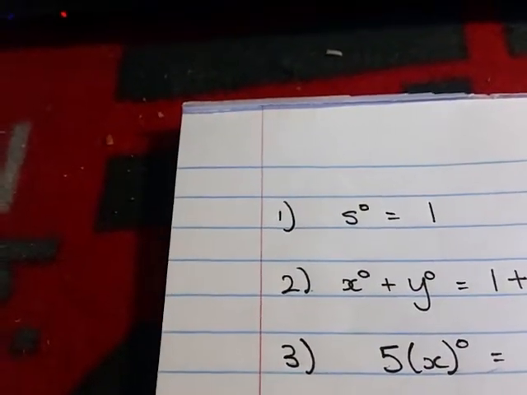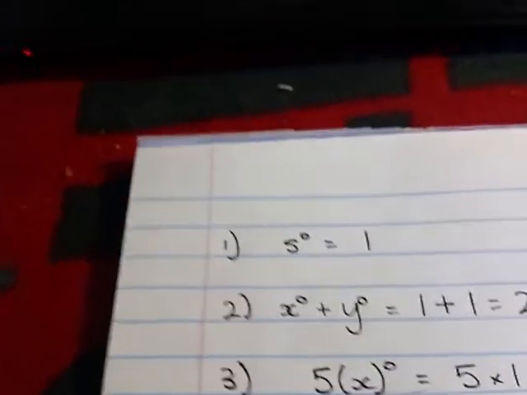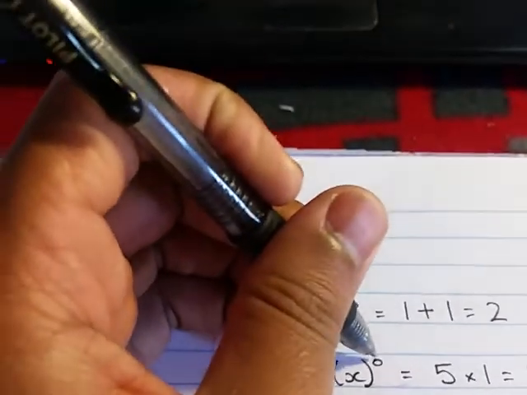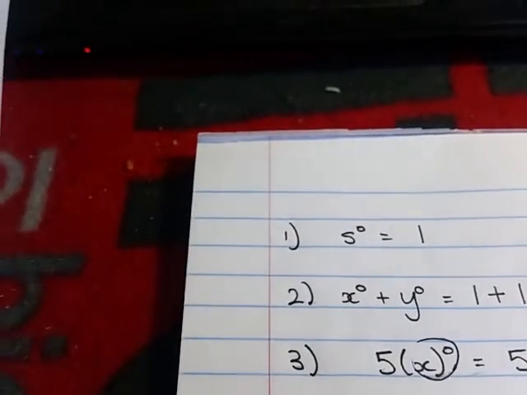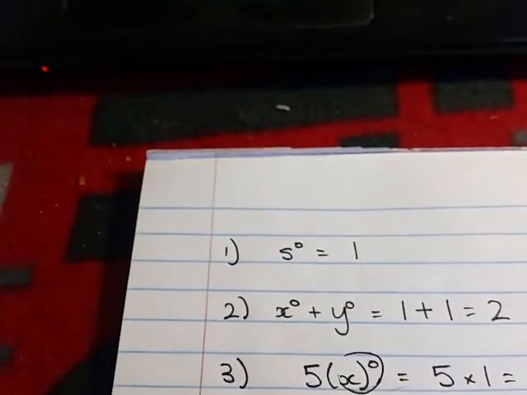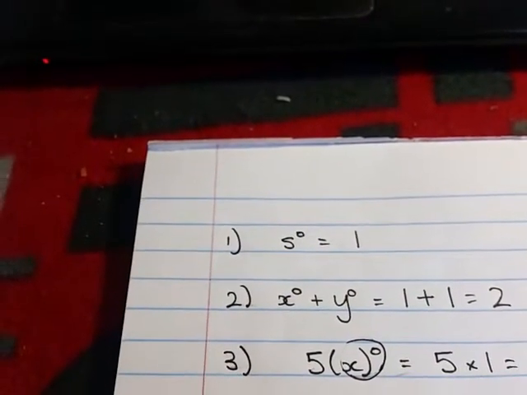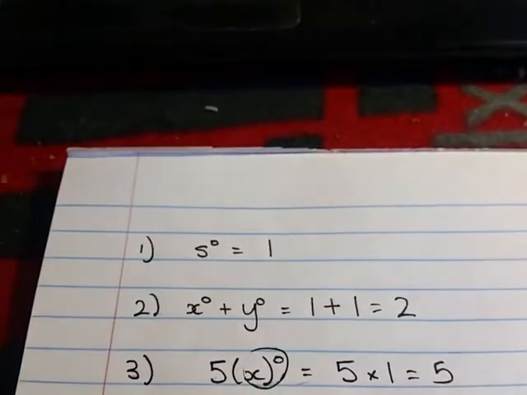Third, 5 times x being raised to the 0. BoardMass will tell you to do the exponent first, so that x to the 0 becomes 1. And then afterwards you can do your multiplication. 5 times 1, giving you an answer of 5.